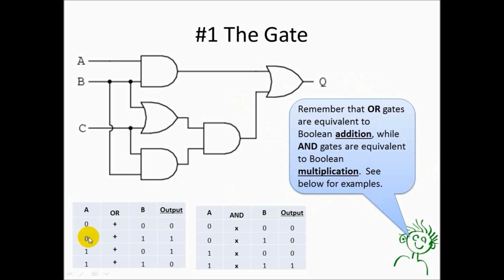For example, look at this OR. If you imagine it as addition, it's 0, 1, 1, and 0. Remember when we add Boolean 1 and 1, it actually results in a 0, carry 1.